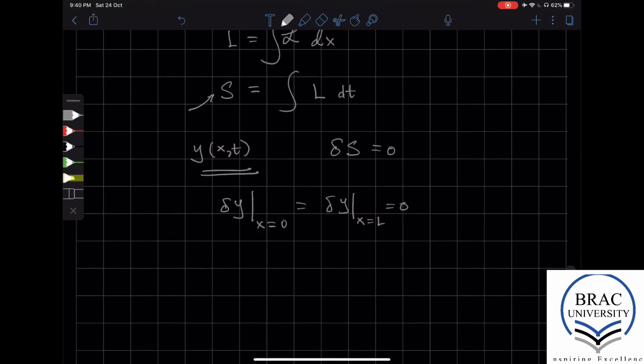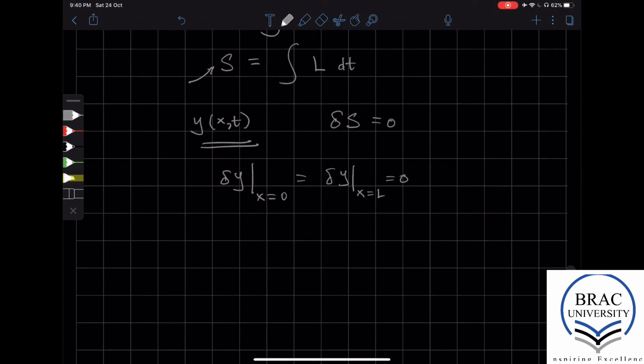Of course, this is going to be true as we are imagining that the ends of the string are fixed. We also have to assume boundary conditions in the time direction. And let's just assume that we choose our times in such a way that at t equals 0, as well as at some future time, say t equals big T, the displacement of the string was 0.